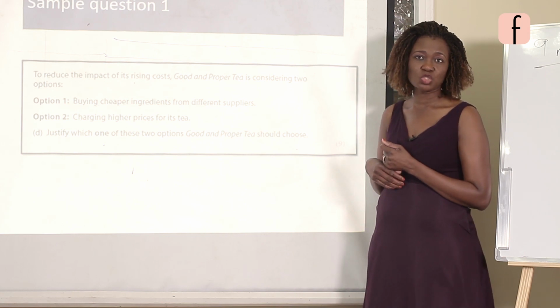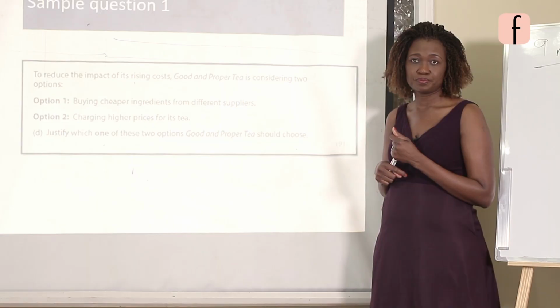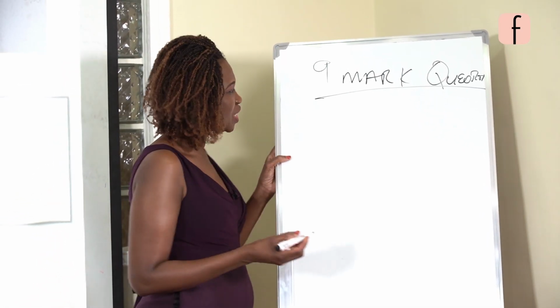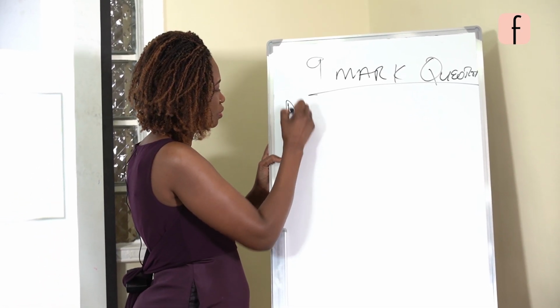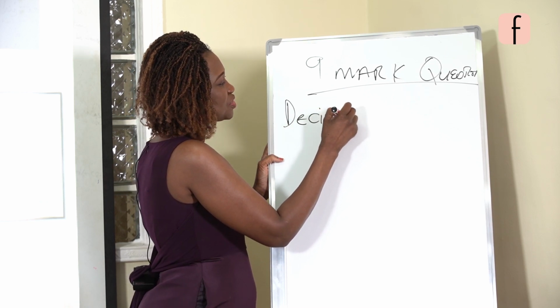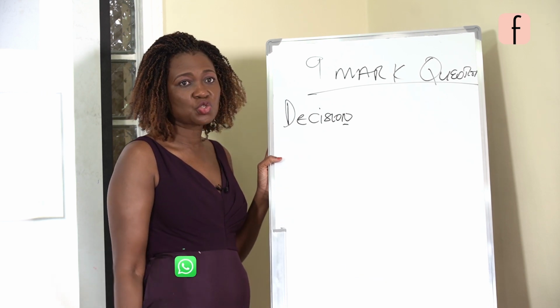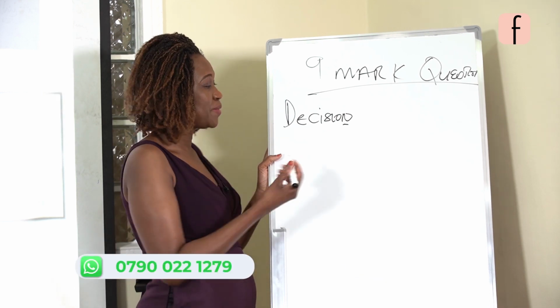I'm going to take you straight to my board, and I'm going to explain how to do this. So, answering the 9-mark question, the first thing you do is make the decision. Once the decision is made, I want you to go back and have some application.